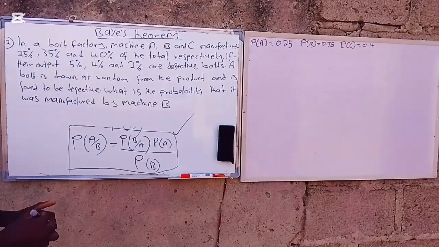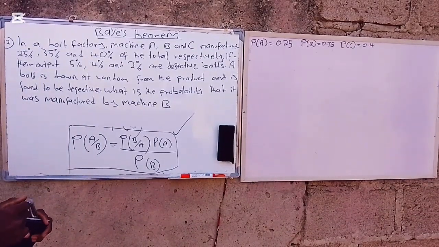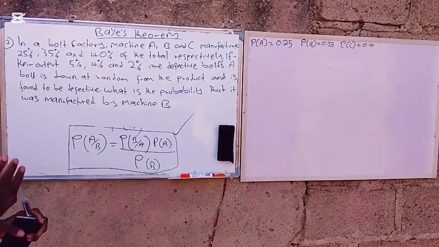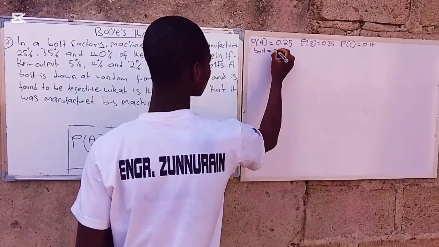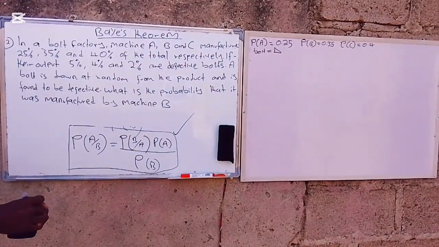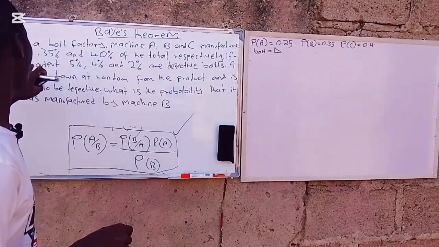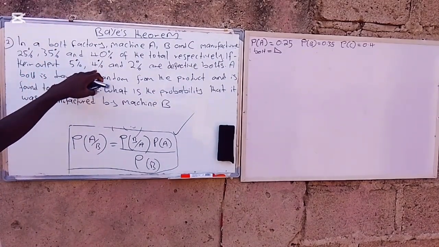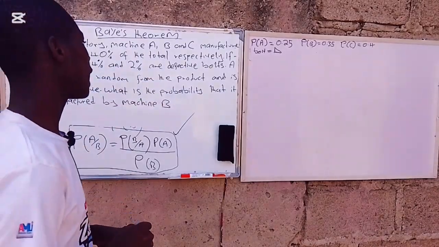So what this data means, the first question says in a bolt factory. So for instance, let the bolt factory be D. It says that of their output, 5%, 4%, and 2% are defective bolts.